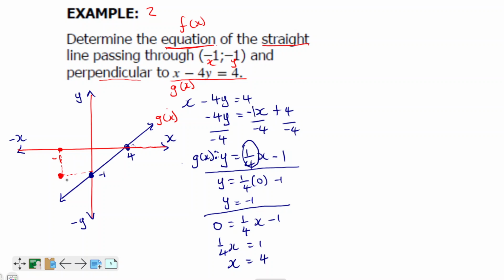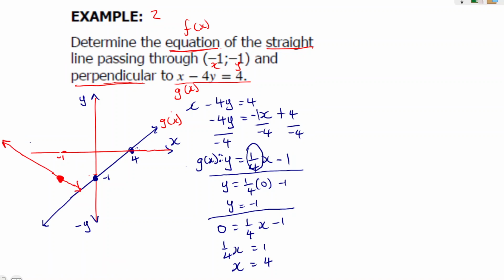It's passing through this point, and this line is perpendicular to this g of x. So I'm going to draw this line to give you a picture of how it looks. Yeah, this line looks something like this. This is the x-axis.